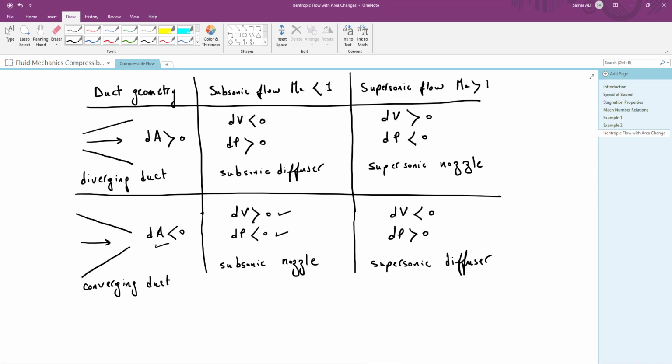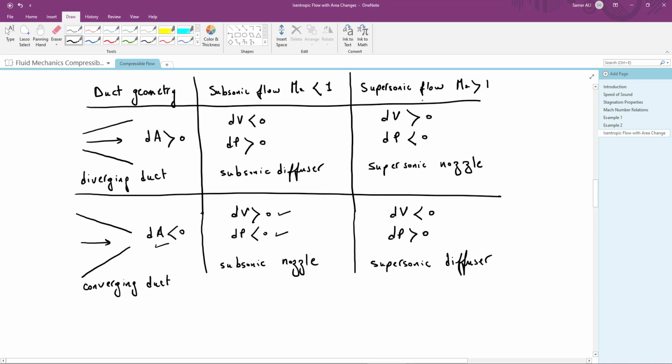Okay, so you will see that we use this geometry to accelerate a subsonic flow all the way to supersonic conditions. Because with a diverging section, we are talking about an already existing supersonic flow. So we're saying that the diverging section will accelerate a supersonic flow, but we did not talk about how to get a subsonic flow to supersonic condition.